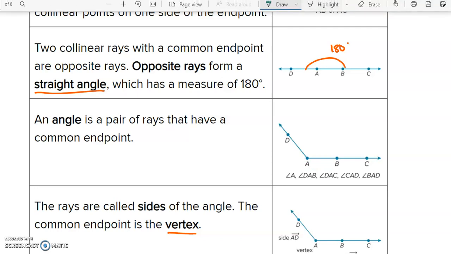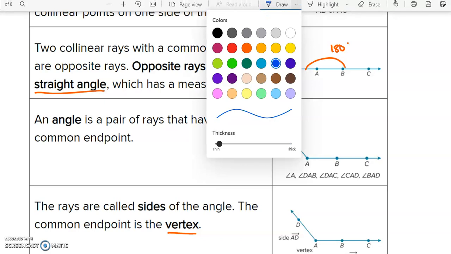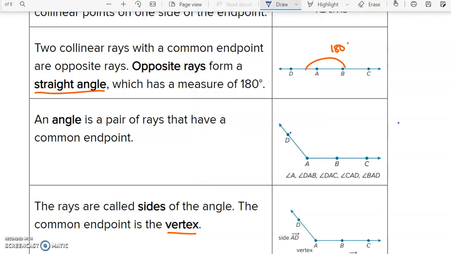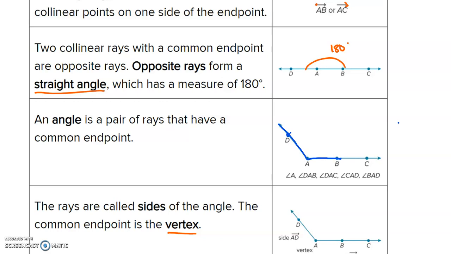The most common way to name them is going to be with our three letters. So coming from out into the vertex and back out. So angle DAB or angle DAC, or we can go the other direction, CAD, but notice that the vertex is always going to be in the middle.